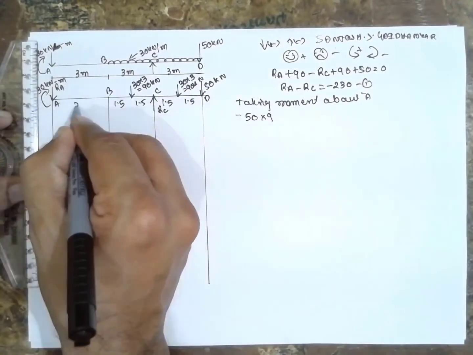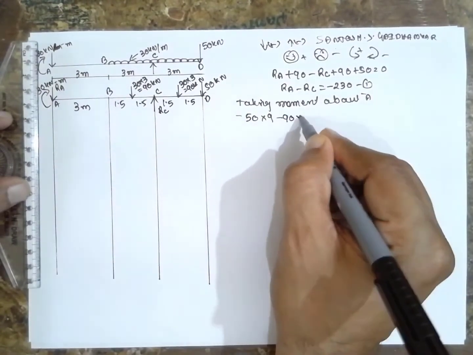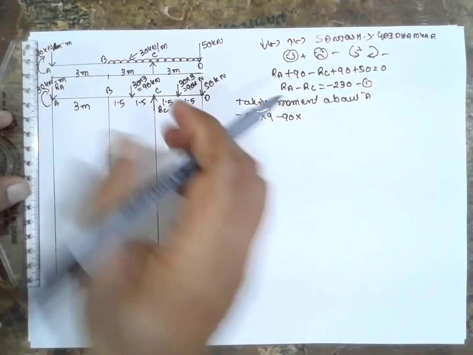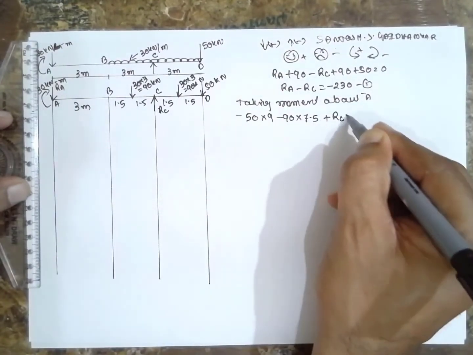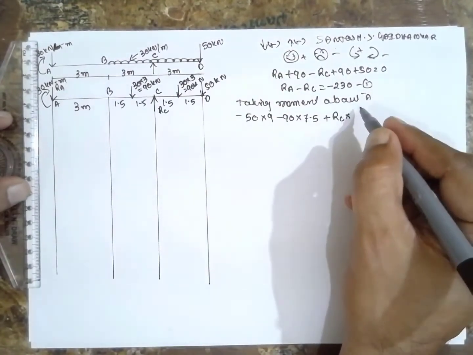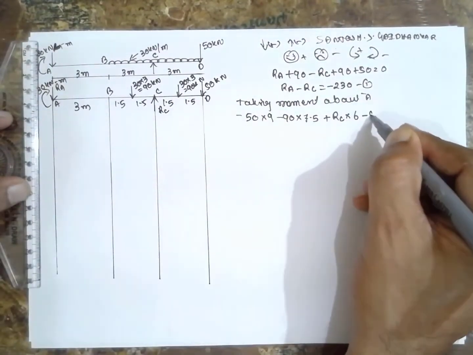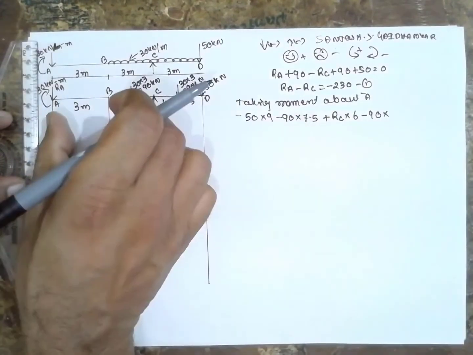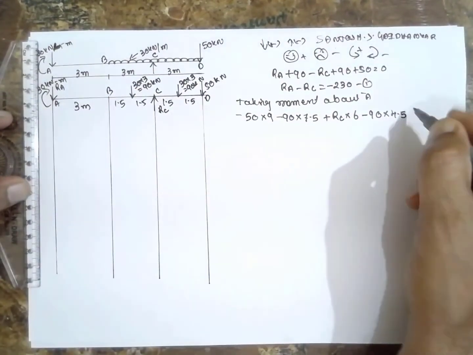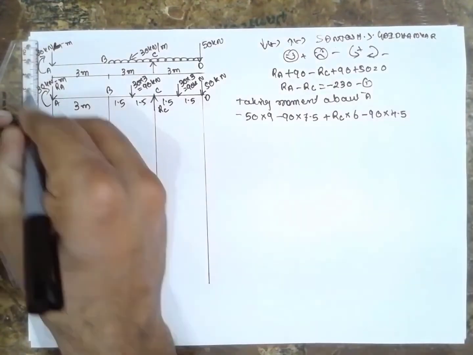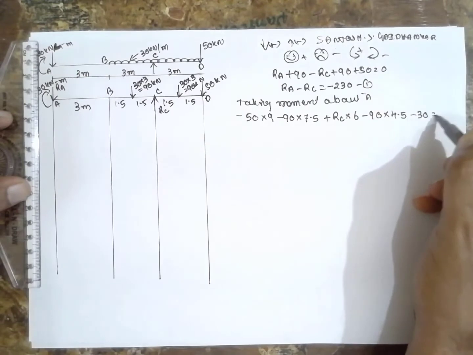Next minus 90 into this distance, 7.5, plus RC into distance, 3 plus 3, 6, minus 90 into distance 4.5, and the couple clockwise moment, minus 30 is equal to 0.